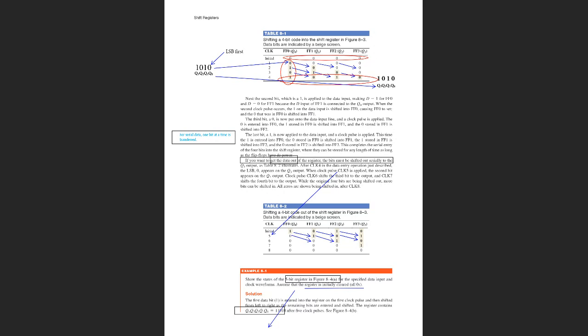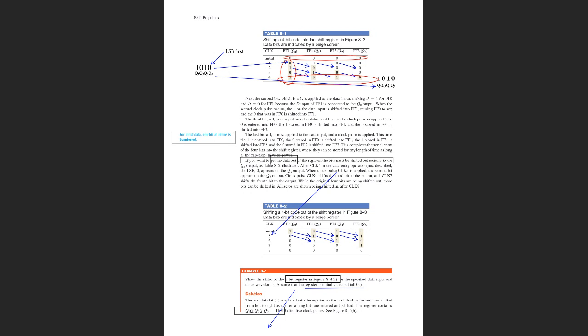So we have 1010. So in serial data, one bit at a time is transferred. If you want to get data out of the register, the bits must be shifted serially to the Q3 output.